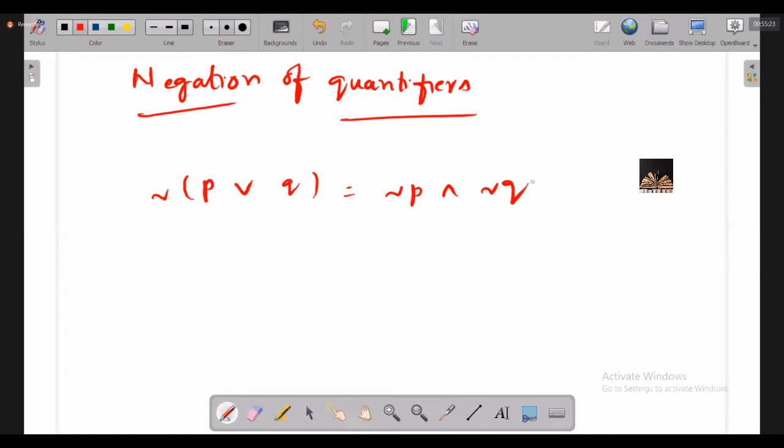Negation of the quantifier is, see, the negation of for all x, p of x becomes, for all x is converted to there exists.